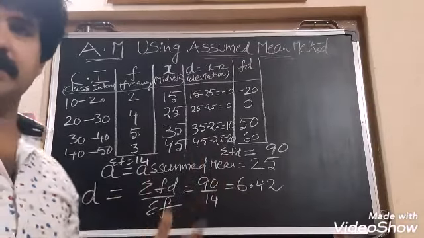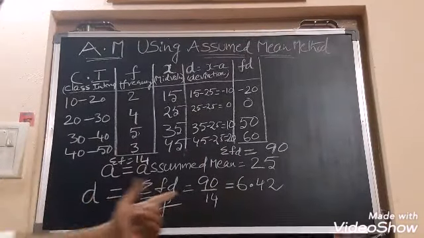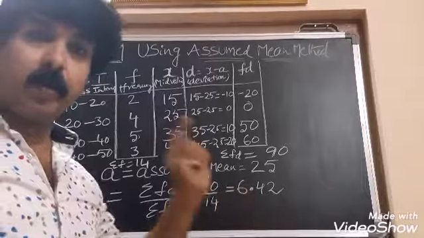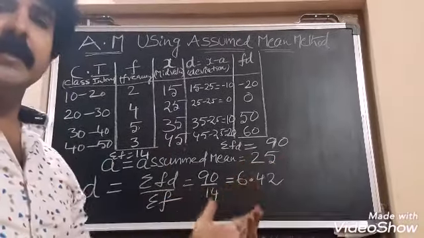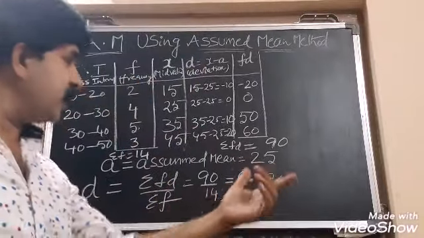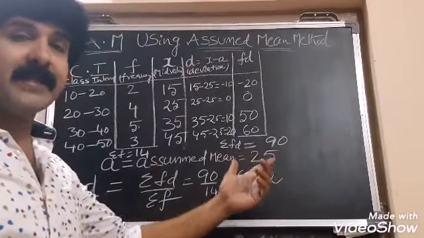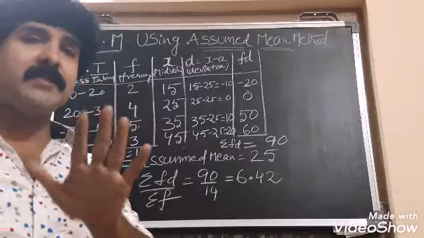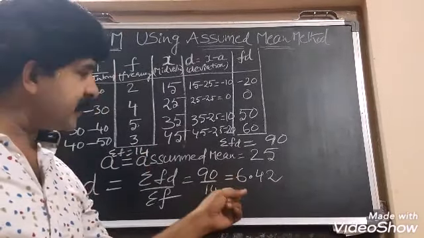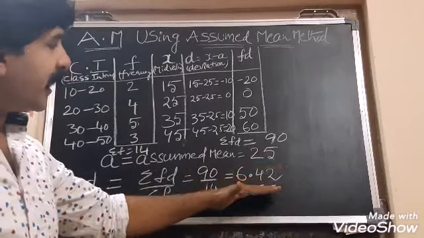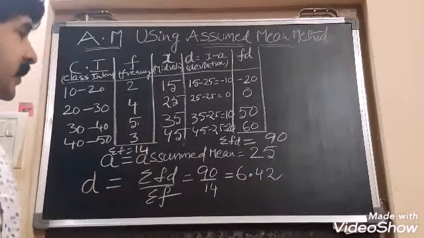This is a positive deviation, so if you add this deviation to the assumed mean: previously you assumed some mean, but that assumption is deviated by 6.42. Because it is a positive deviation, you have to add this to the assumed mean.